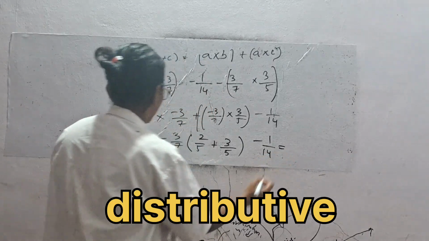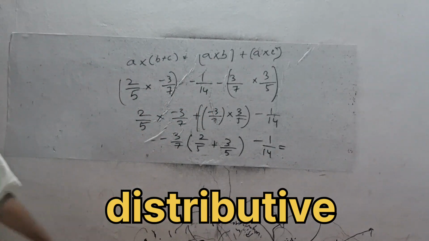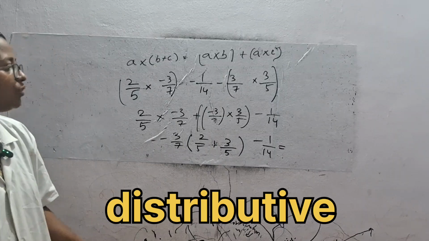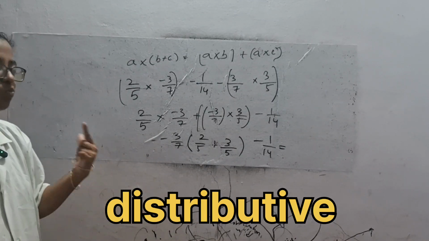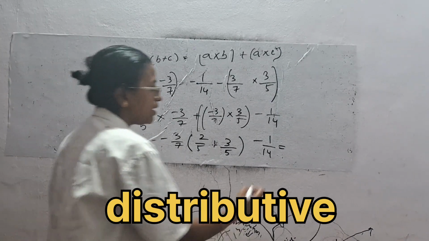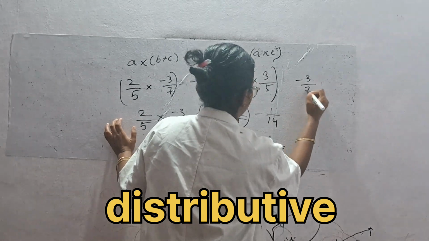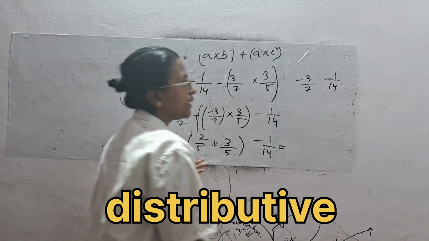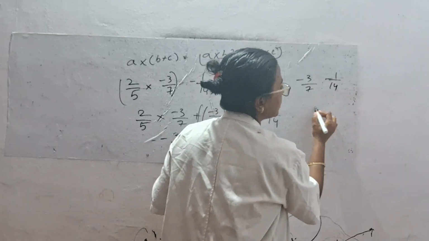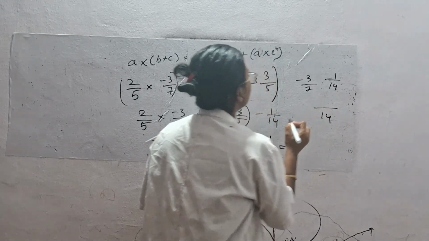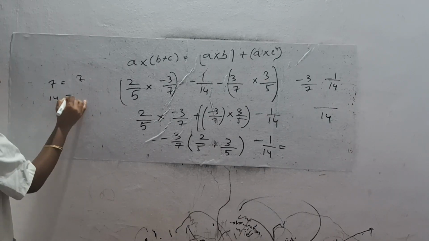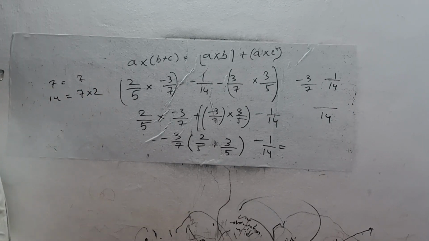So just we make it minus 1 by 14. Now the denominators are both the same, so just add the numerators. We get 5 by 5, which is 1. So minus 3 by 7 minus 1 by 14. Taking the LCM of both numbers, we get 14. Likewise, 7 is a prime factor, 14 is 7 twos.